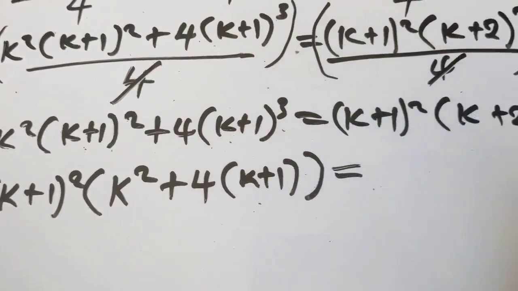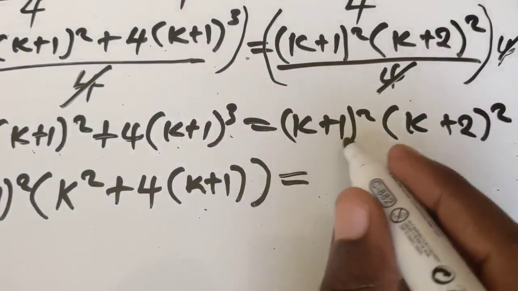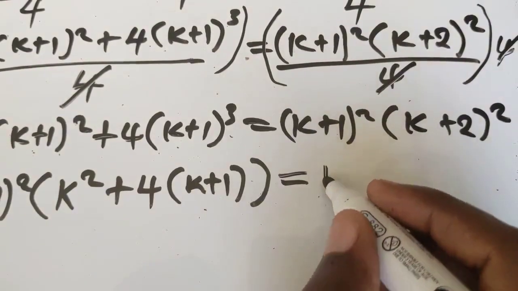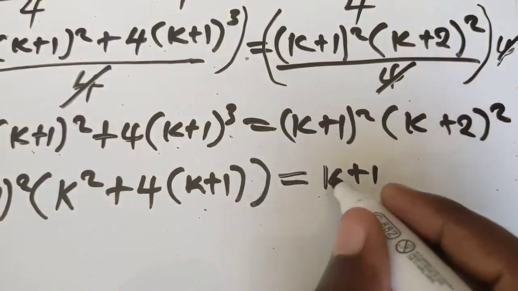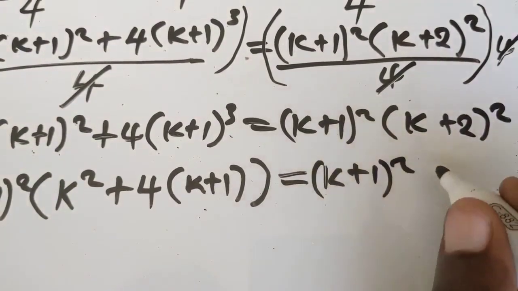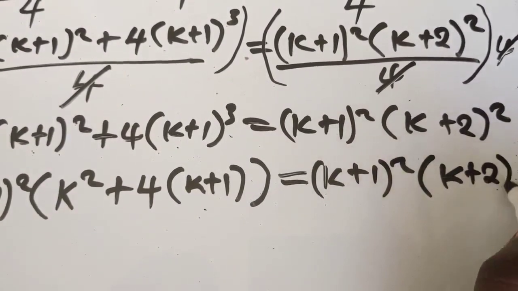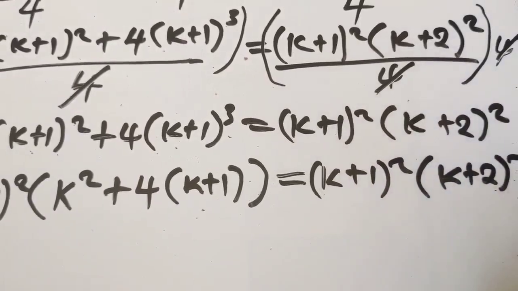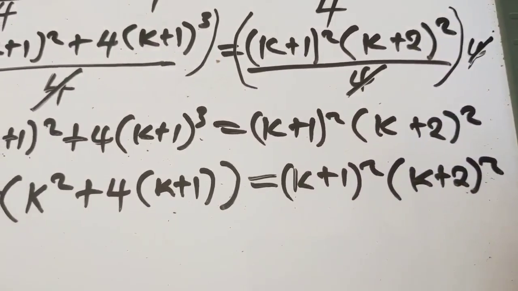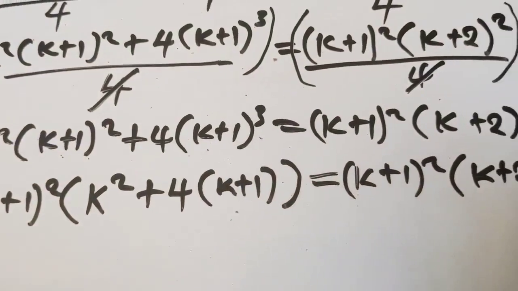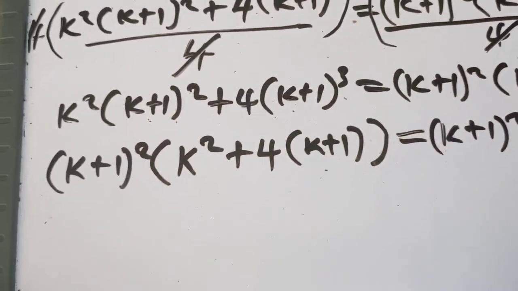You can even see here, you just copy this one. Don't tamper with this. It is like this, squared, open bracket, k plus 2 squared. What you're trying to do is to make this part equal to the right hand part.